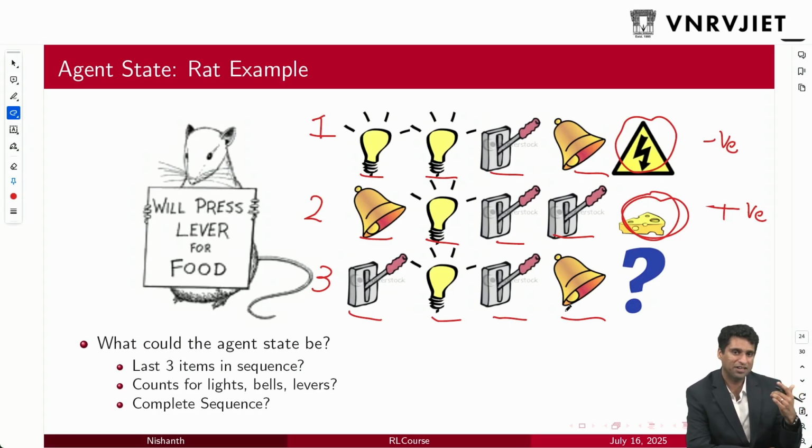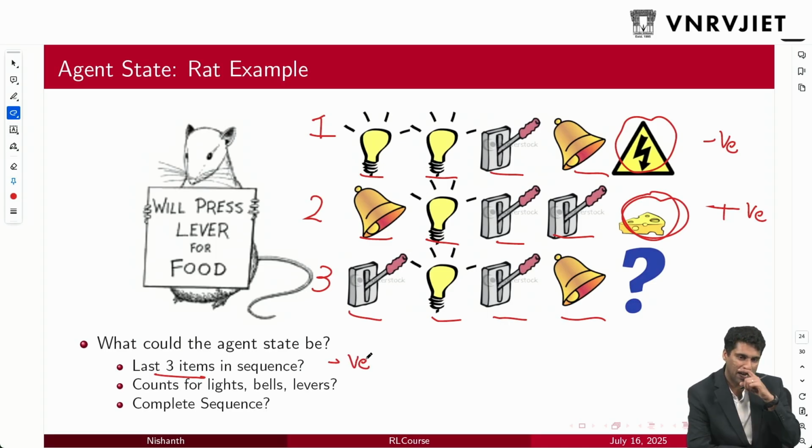If the rat chooses to look at the last 3 items in the sequence, then the last 3 items in the sequence is bell, lever, and light. And here it is light and 2 levers. Because there is a match between episode 1 and episode 3, if we look at the last 3 items, the rat can expect a negative reward, right?